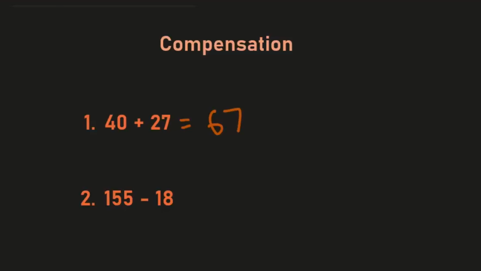Okay, now let's try the subtraction problem. We do the same thing here again. We compensate. So now we got 18 over here. Why don't we cross that off and add a 20? Well, that's easy. What is 155 minus 20?